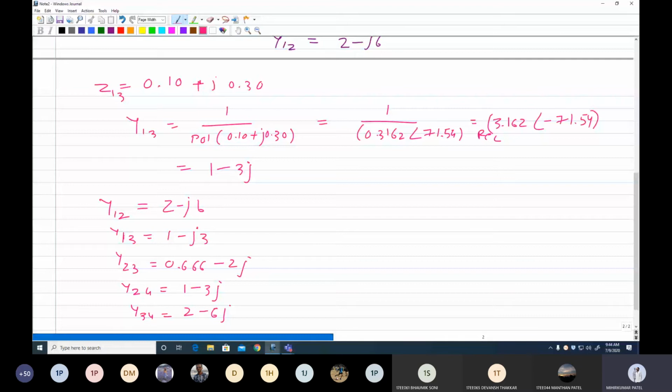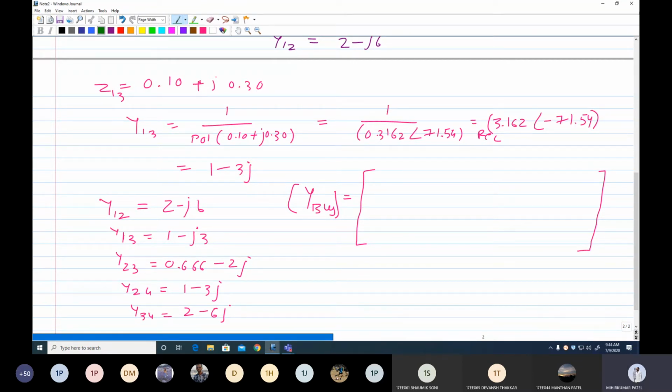Now, what will be the equation of the Y-bus matrix from this network? It is 4 cross 4. Looking at the network or from the previous theory, tell me the elements of this admittance matrix.